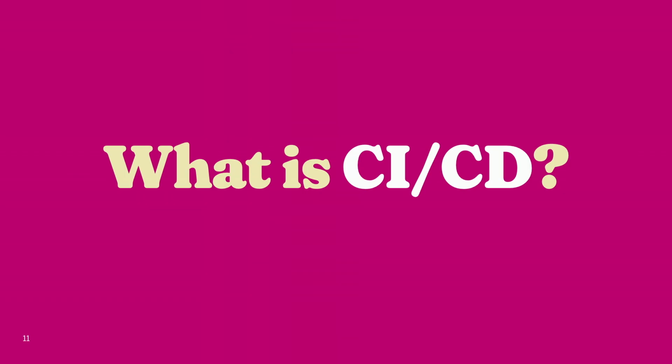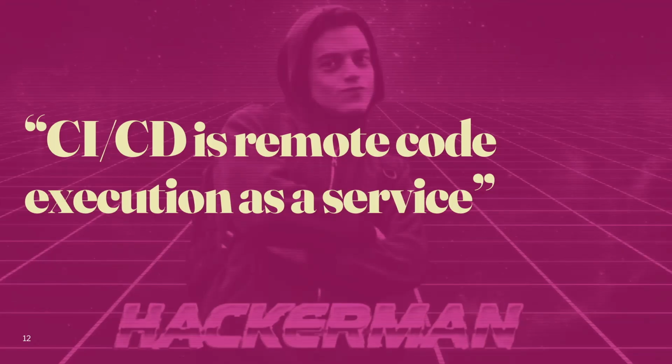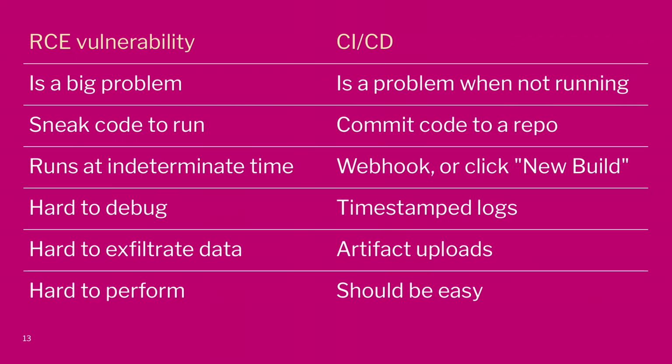And so some of you might not be aware of what CI/CD is. It's basically remote code execution as a service, which is definitely one way to put it. Here I've put together a comparison table of RCE vulnerabilities and CI/CD. Obviously, vulnerability is a big problem. You have to sneak your code in to be run.